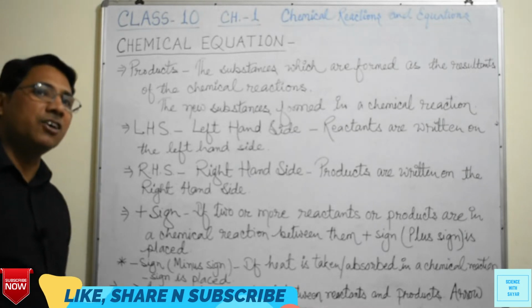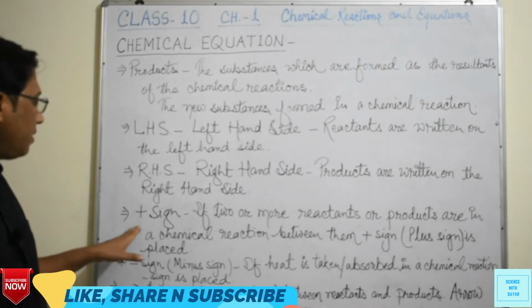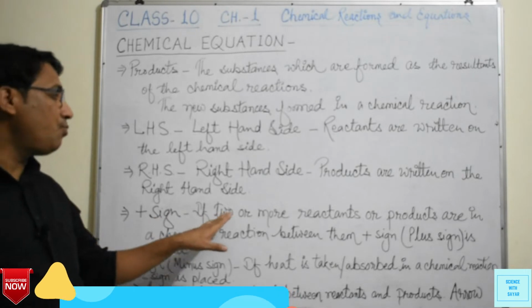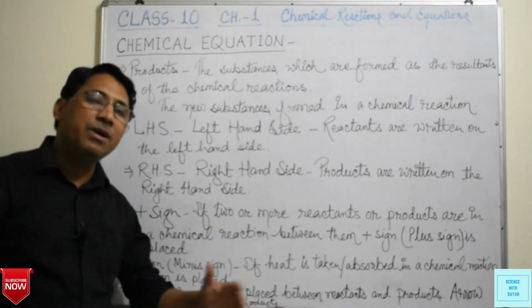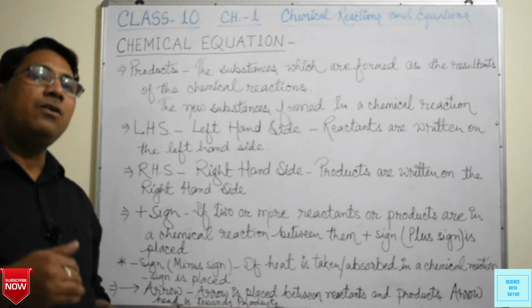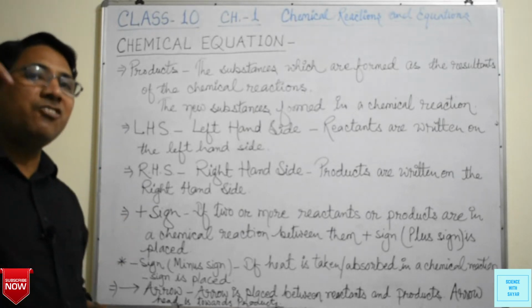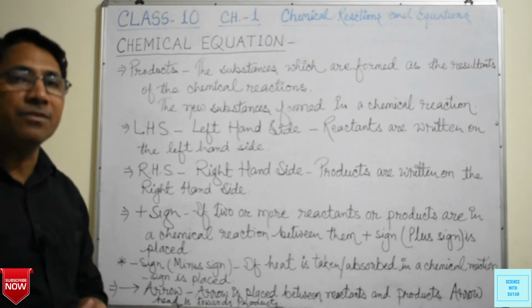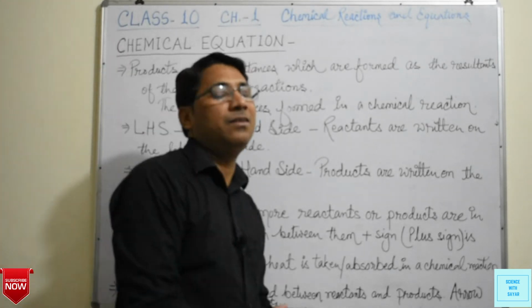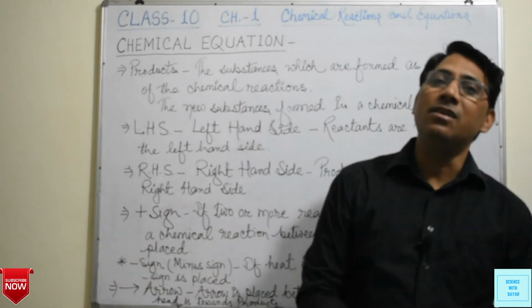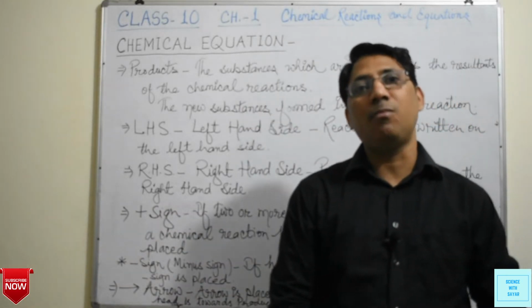Then plus sign. If two or more reactants are used in a chemical reaction, or two or more products are formed in a chemical reaction, we put a plus sign between the reactants if they are more than one.